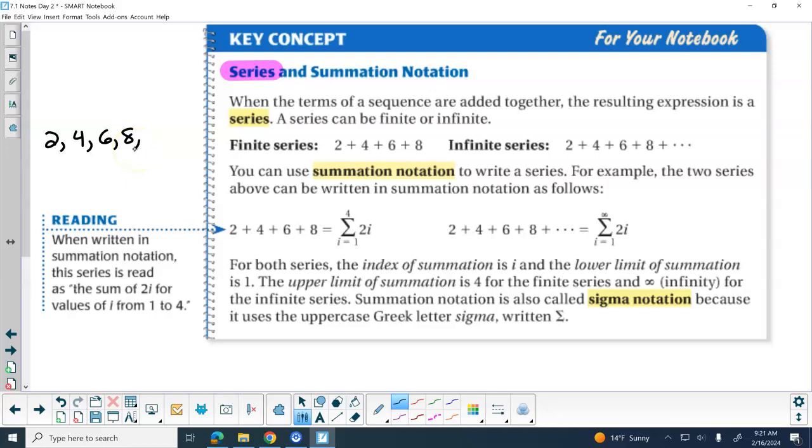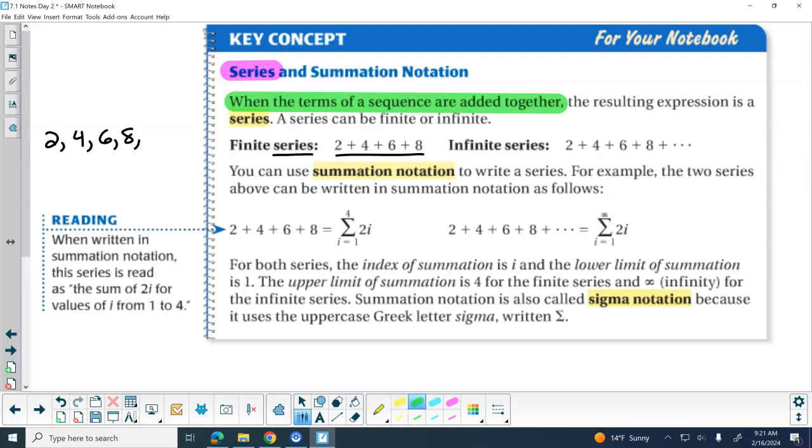But a series is the sum of all of those. So we add up all of the terms. We can have a finite series, which means it ends. We can have an infinite series, which means it doesn't end. Just like yesterday.